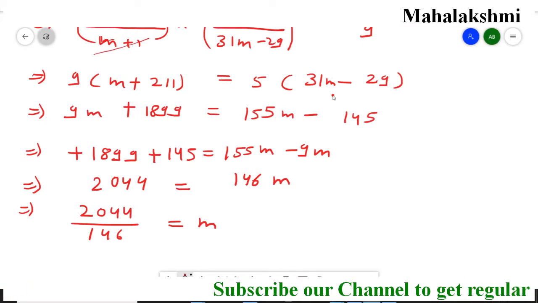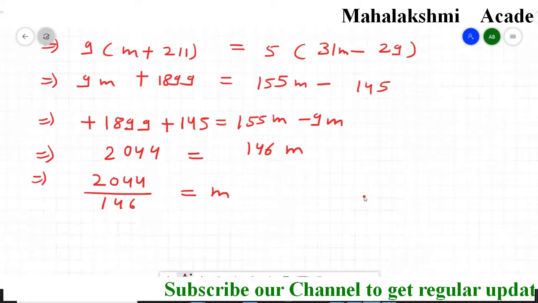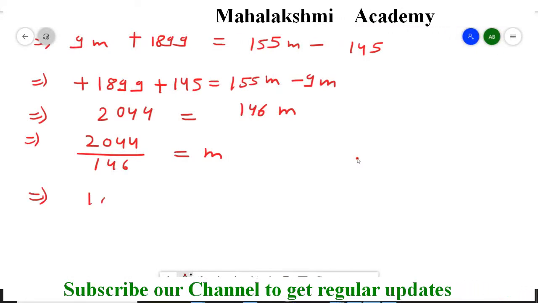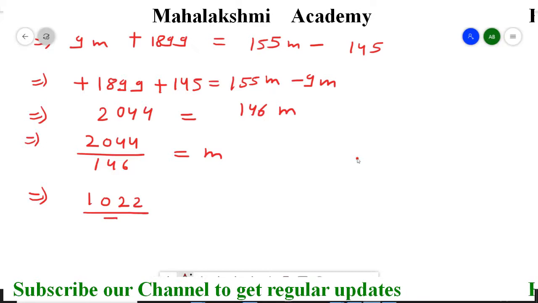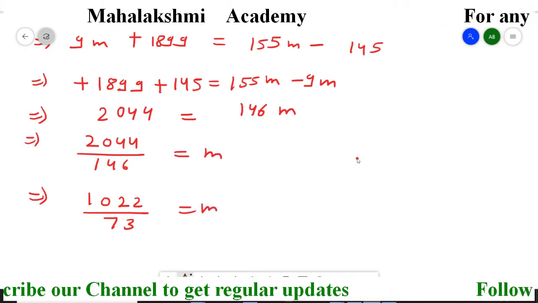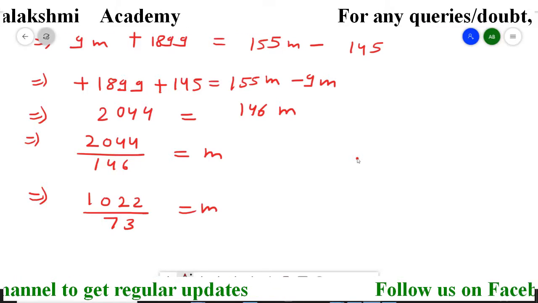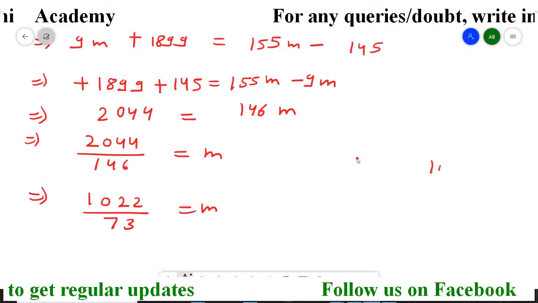Now we can cancel by 2. So when we cancel by 2, we get this, and now we're going to divide it.